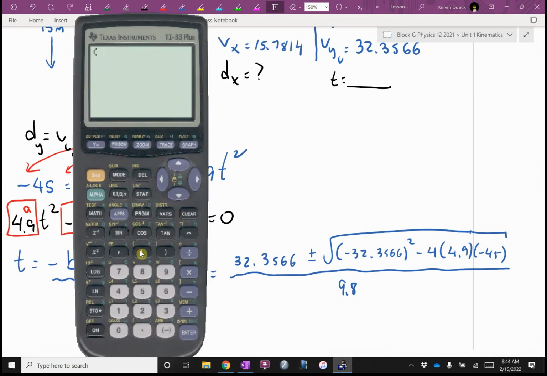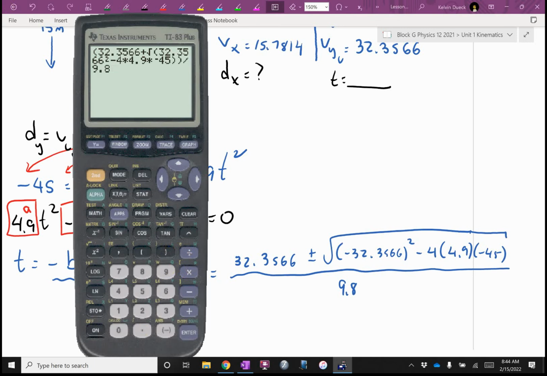I have to open up a bracket unless you have the fancy fraction button. 32.3566 plus square root, open a bracket. I'm not going to type the negative, 32.3566 squared minus 4 times 4.9 times negative 45, close off the square root, close off the top, divided by 9.8.